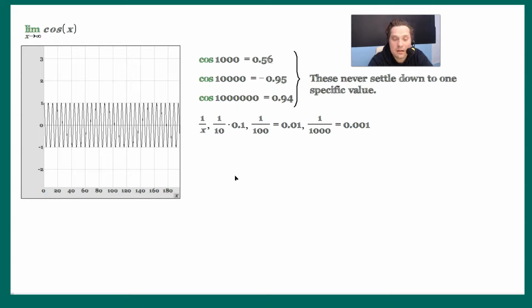There's a clear pattern that emerges pretty quickly. 0.1, 0.01, 0.001, those values are clearly approaching 0. Not the case for the cosine function. So the answer here is that the limit of cosine as x goes to infinity is D and E: it does not exist. Not that it oscillates up and down, there's something else that doesn't exist.